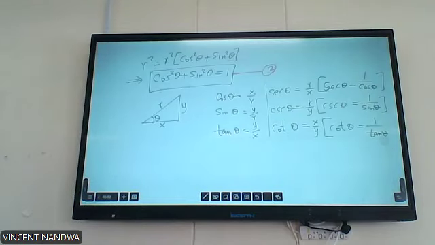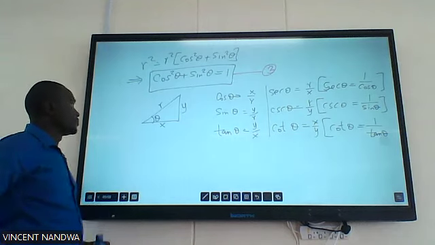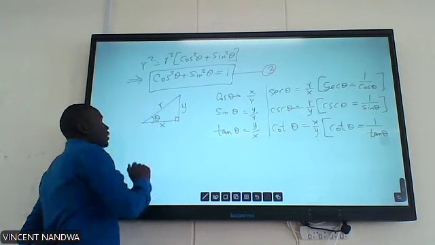So these are the ratios or functions based on this angle theta.